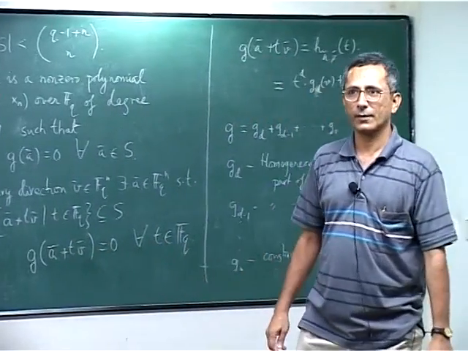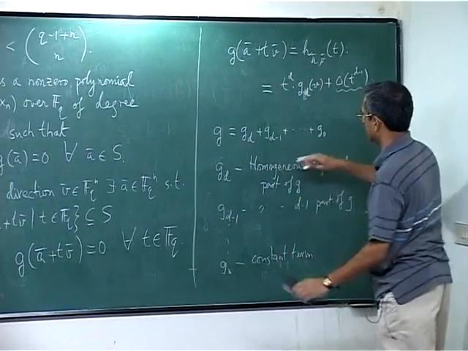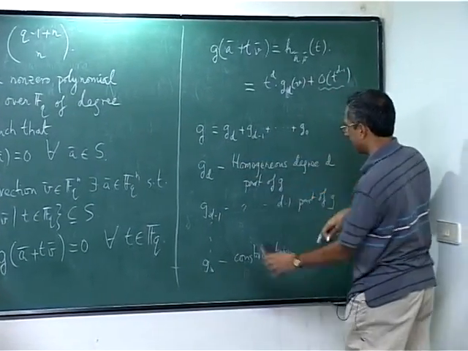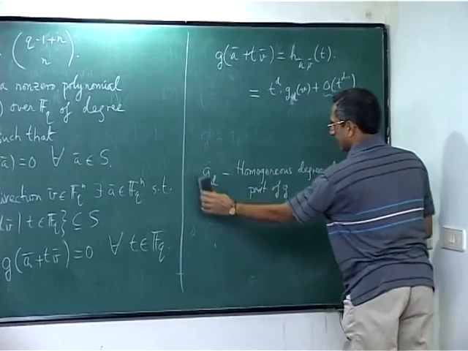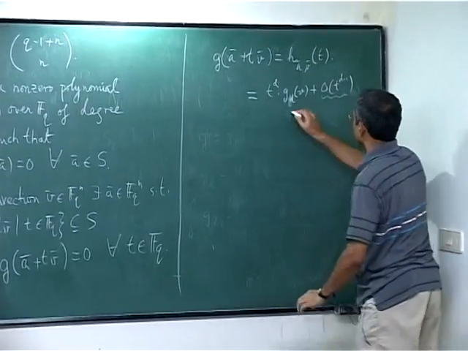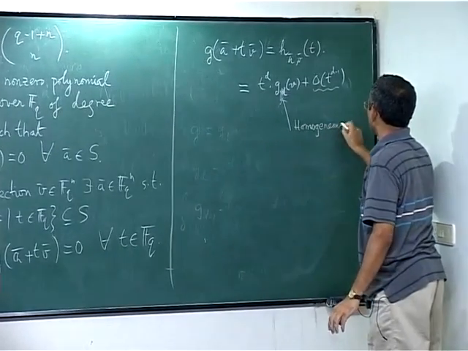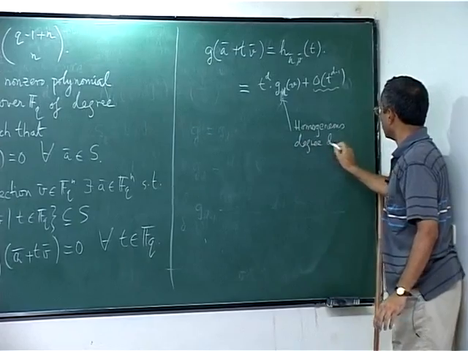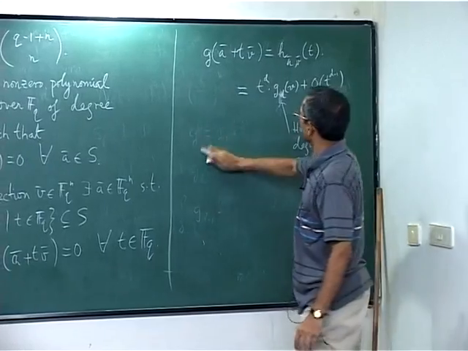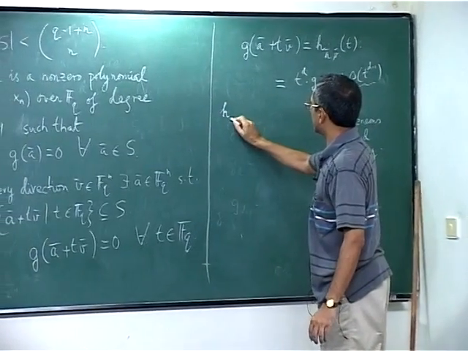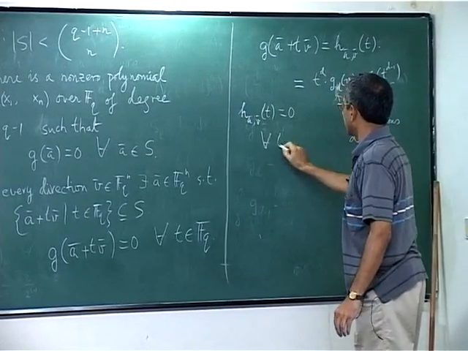Okay. And I know that g_D is the homogeneous degree D part of g, I've already explained that to you. What I know is that h of A bar V bar of T is 0 for all T in Fq.